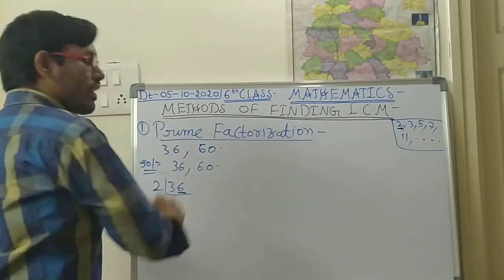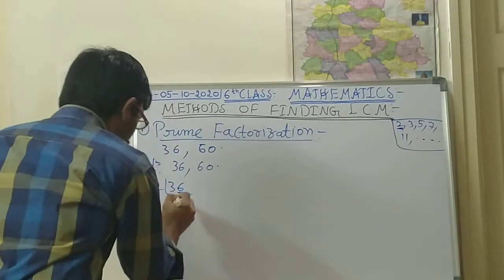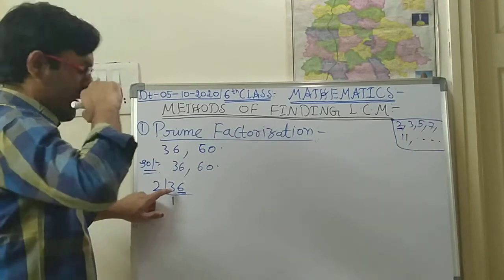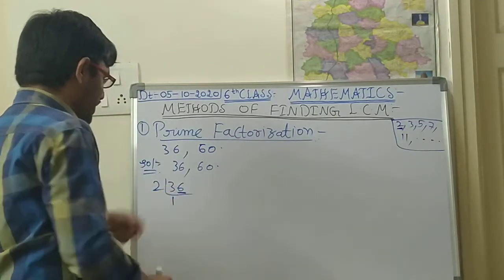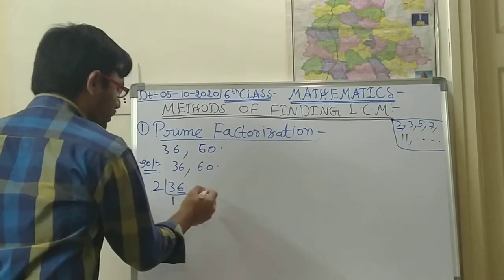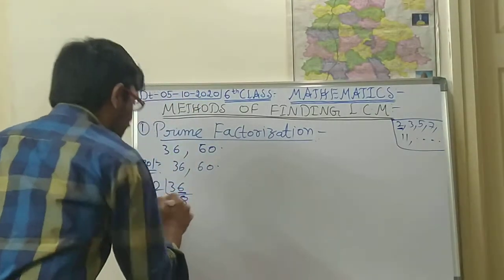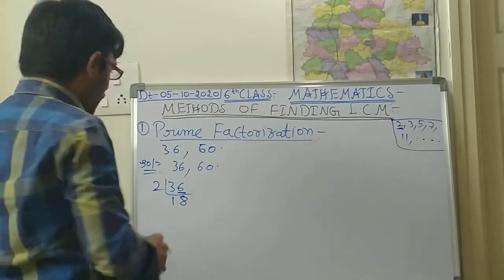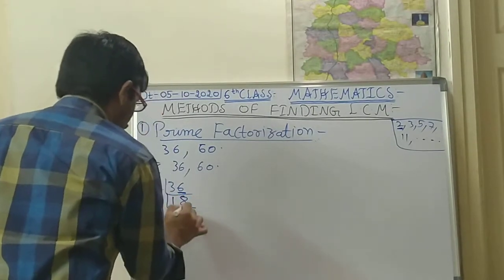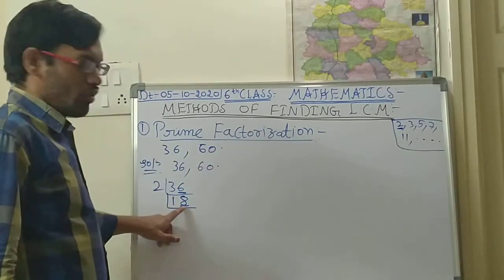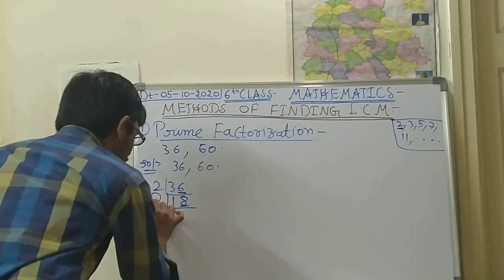In the 2 table, 2 ones are 2, 3 minus 2 is 1, 1 is left over. 1 and 6, 16. When 16 goes in the 2 table, 2 8s are 16. So 18. Next, again in the 2 table, because the ones place digit is 8, so it is divisible by 2.